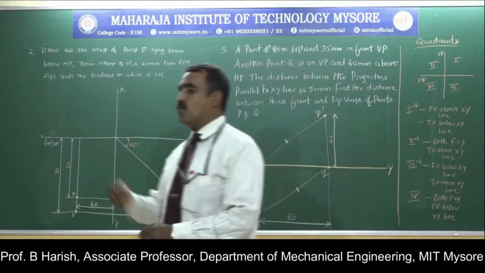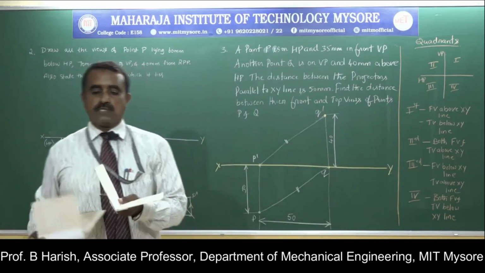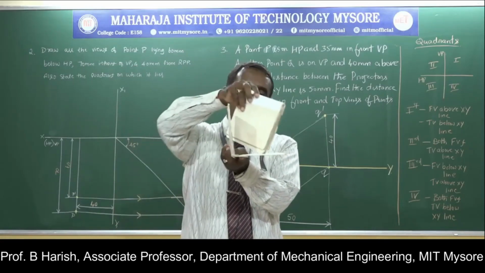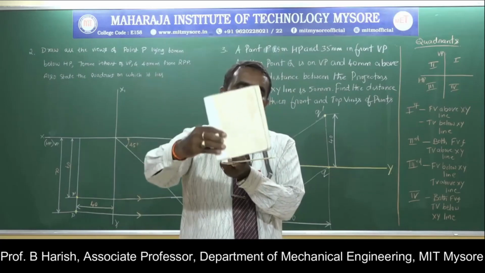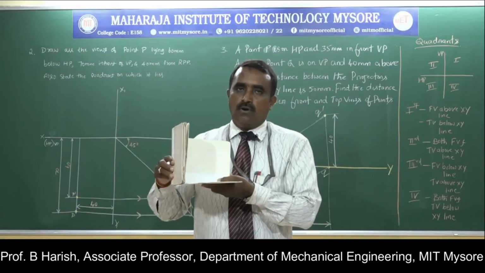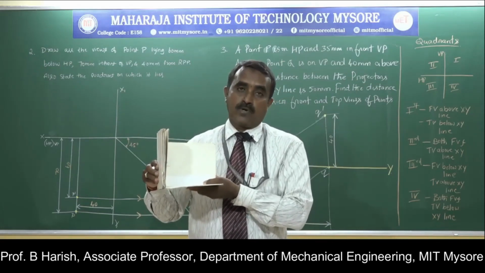So how will the position be? If this is the first quadrant, we know that the point is somewhere here, above HP and in front of VP. I can have one more plane like this, one more plane like this. This is where my side view will be projected.